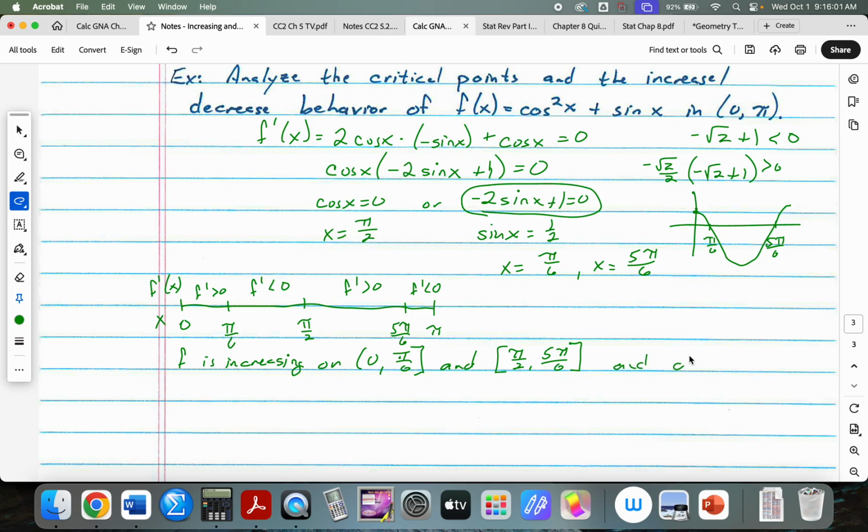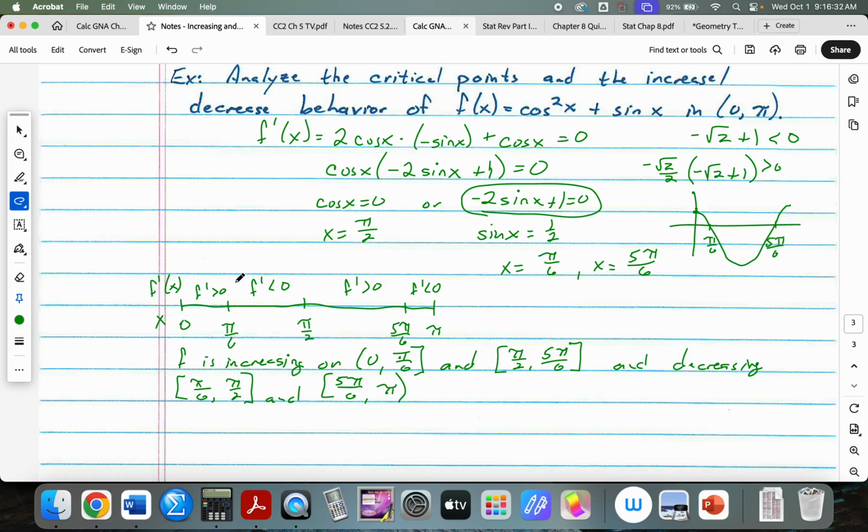And then decreasing on the other two intervals, from pi over 6 to pi over 2, and from 5 pi over 6 to pi. And I'll make it open at pi because, again, they told me open at pi.